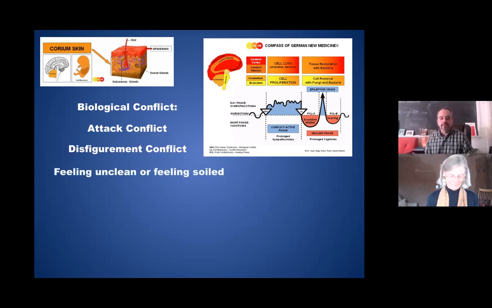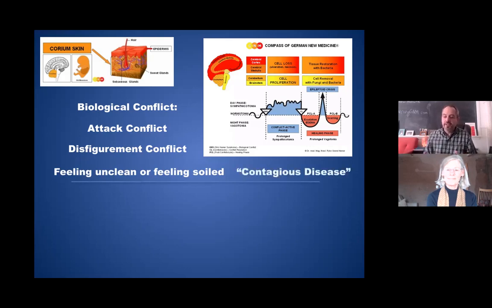And lastly, this conflict could be described as feeling unclean or feeling soiled, like something's dirty and you don't want to touch it, or I feel dirty, or I feel soiled.